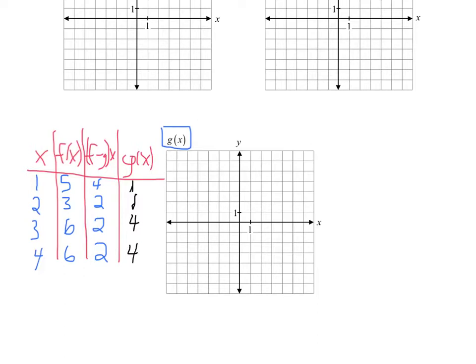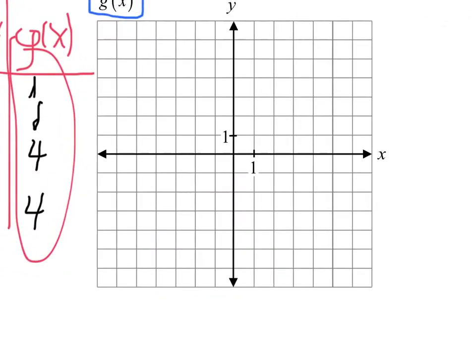So when I plot this graph, of course I am going to end up plotting the x with the y. So you want to read that out correctly. So the first point is 1, 1, and the second point is 2, 1. So let me just zoom in here. The first point is 1, 1.